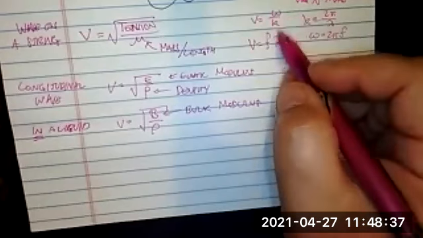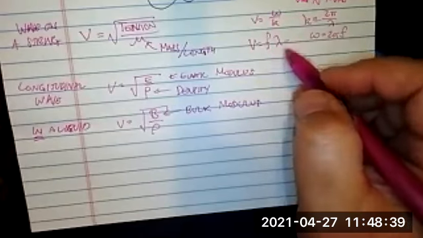Well, k is defined to be 2 pi over the wavelength, and omega is defined to be 2 pi times the frequency. So if I put 2 pi f there and 2 pi over lambda there, I end up getting f times lambda. So V equals omega over k is the same thing as V equals f times lambda. So that's where all that came from.